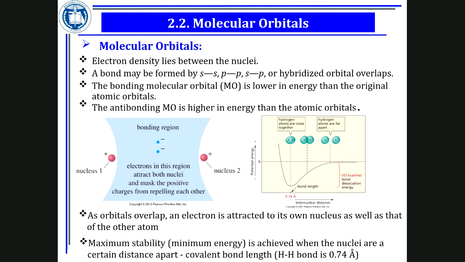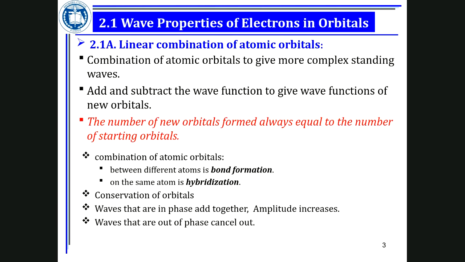But just one other definition I want to mention before we move on. If the combination of the orbitals is between different atoms, you will see bond formation. If the combination of the orbitals is coming from the same atom, it's not bonding. Instead, it is hybridization.